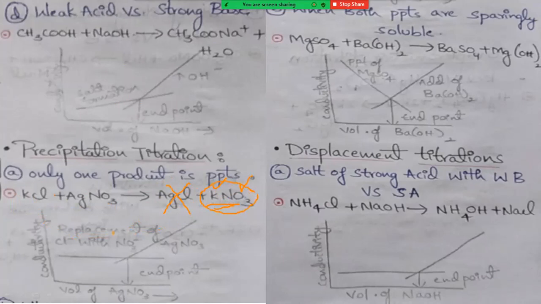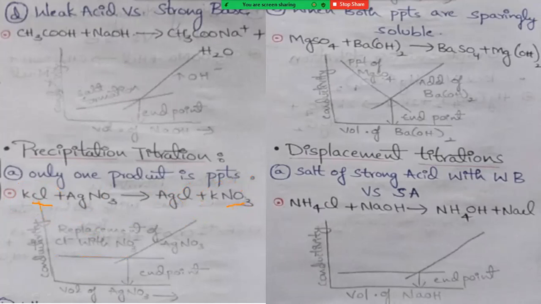But here the important thing is we are getting a plateau. Why? Because KCl and potassium nitrate solutions have similar conductivity values. In both solutions we have K+ ions, as well as Cl- ions in potassium chloride and NO3- ions in potassium nitrate.